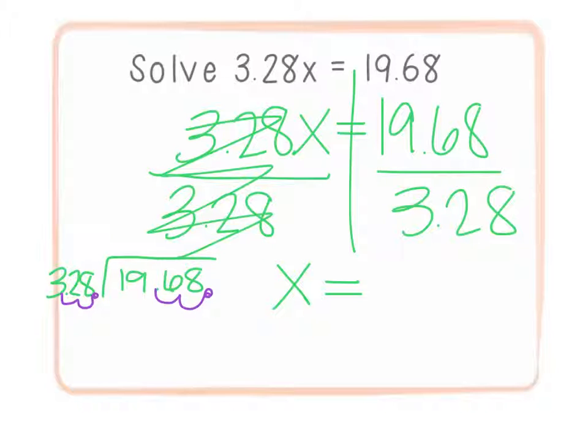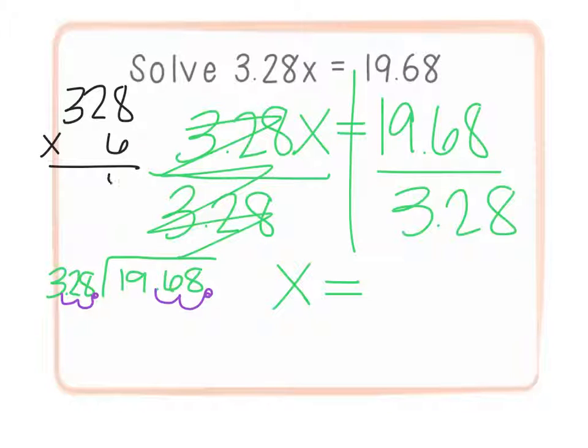In order to see how many times 328 goes into 1,968, I'm just going to kind of guess and check. And I'll do that in black ink up here on the side. And I'm going to round that up to 2,000 and stick that to 300. And I would say 300 goes into 2,000 about 6 times. So I'm going to try and see what 328 times 6 is.